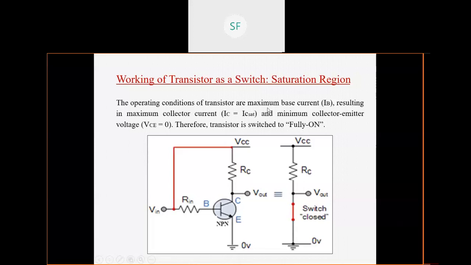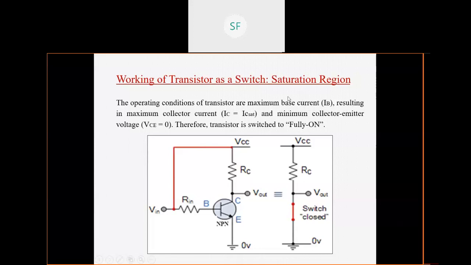Okay, so in saturation the base current is maximum. Okay, in earlier case in cutoff region base current was 0. So you can point out the differences also. उसके अपोजिट भी बोल सकते हैं आप.